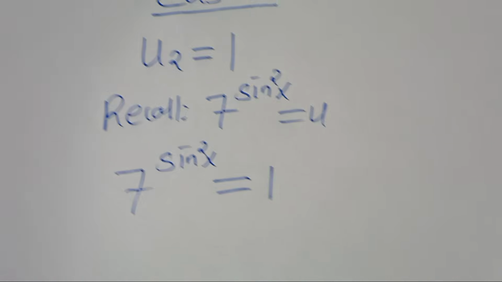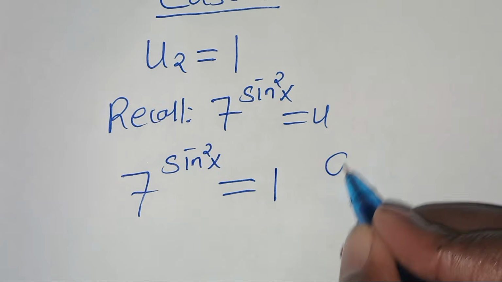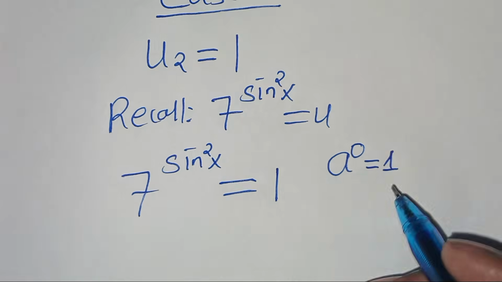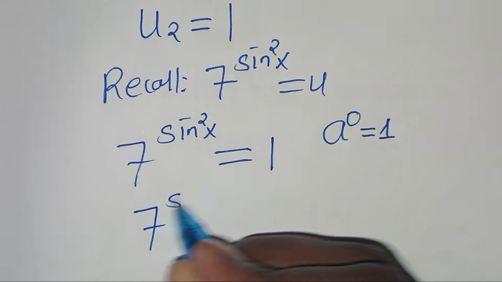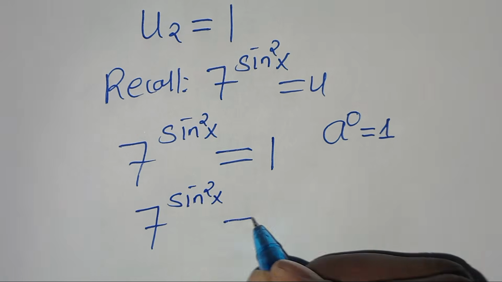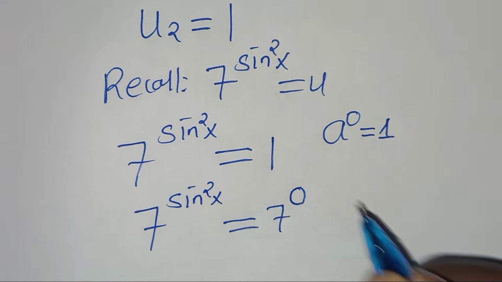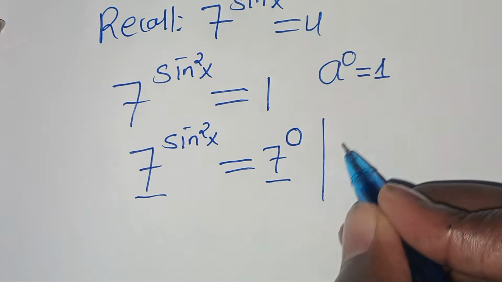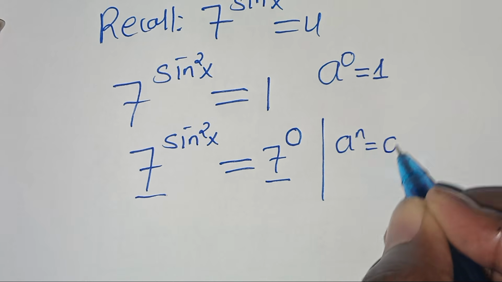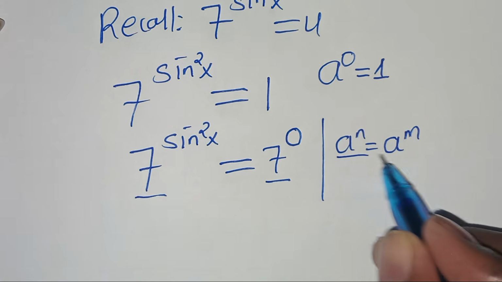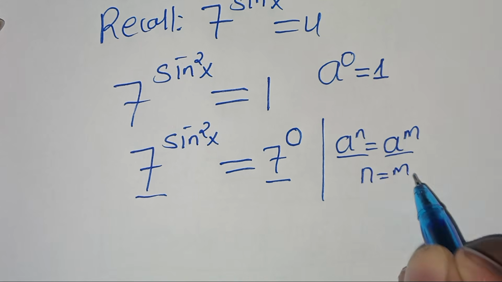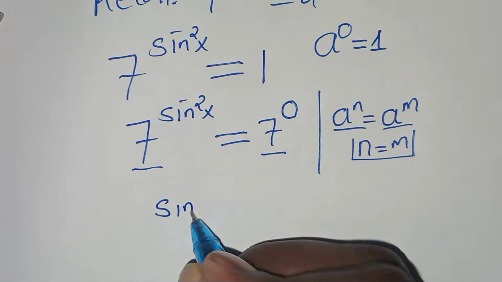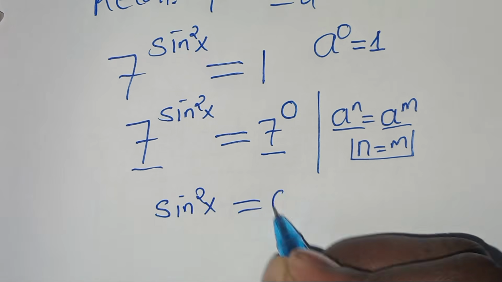Now, from the indices identity, a to the power of 0 is the same thing as 1. Applying this property, we have 7 raised to the power of sine squared x equal to 7 raised to the power of 0. Since the bases are common, that is a to the power of n equals a to the power of m, the exponent n should be equal to m. So here we have sine squared x equal to 0.